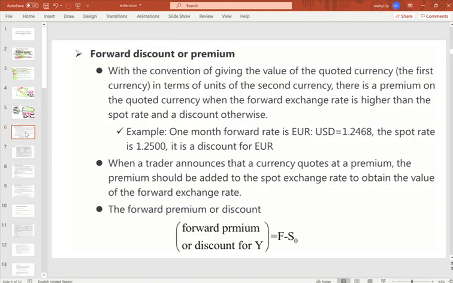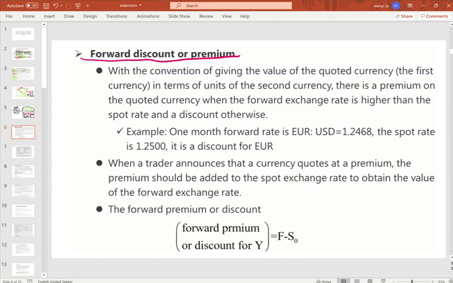The next topic we study in the midterm is called forward discount or premium. We have our calculations to check the change of the forward based on the spot price.